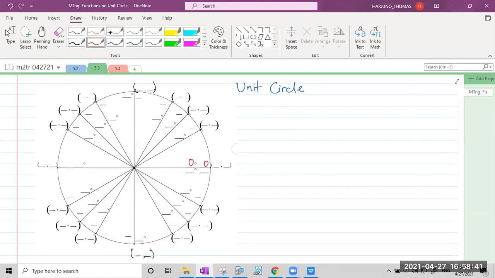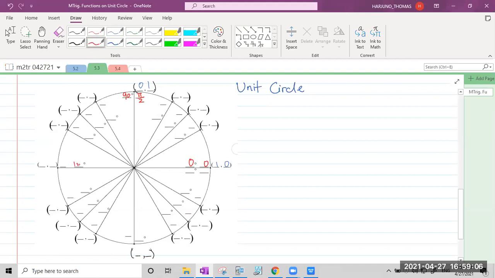The coordinate we know to be 1, 0. This is 90 degrees, corresponding to pi over 2. The corresponding coordinate is 0, 1, which means cosine pi over 2 is 0, sine pi over 2 is 1.